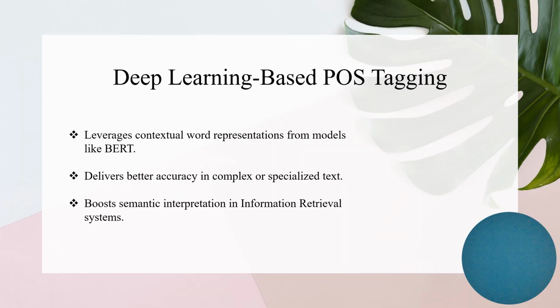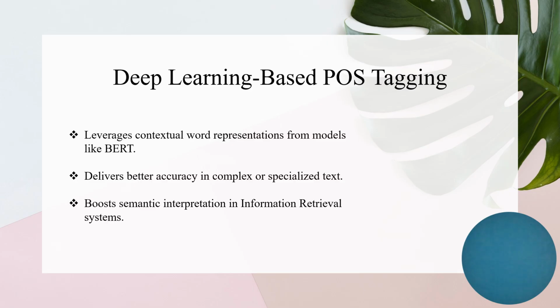The next slide is deep learning-based POS tagging. Deep learning-based POS tagging approaches use models like bidirectional LSTMs, CNNs, or transformers. These models are trained on large corpora and are capable of learning contextual representations of words, which may lead to more accurate tagging.